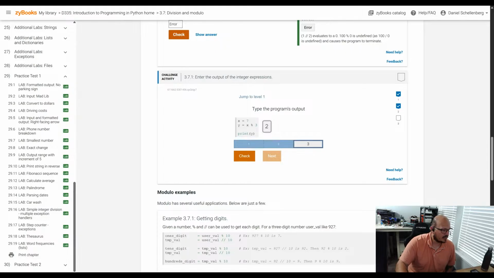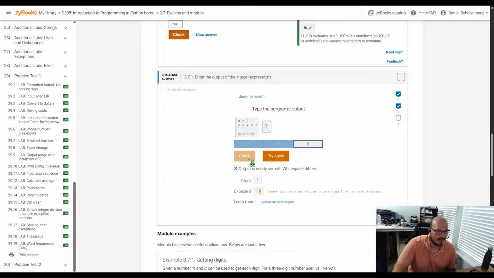So 3 times 2 is 6. So this should equal 1 because x is 7. So now we have to say, okay, the 3 times 2 is 6. How many more units until we get to 7? We only need 1. So this should be 1.